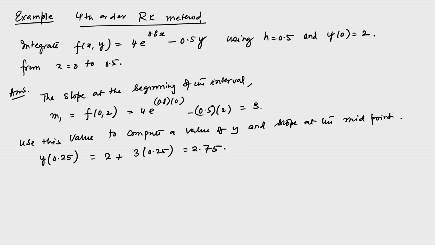So, that is the slope, and hence your m2 will be f of 0.25 and 2.75.